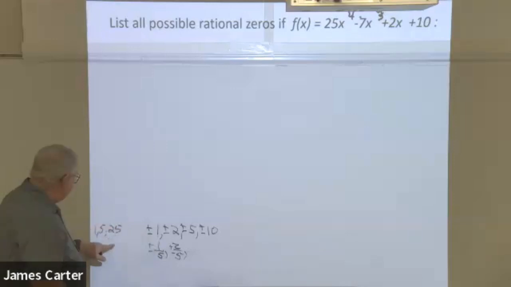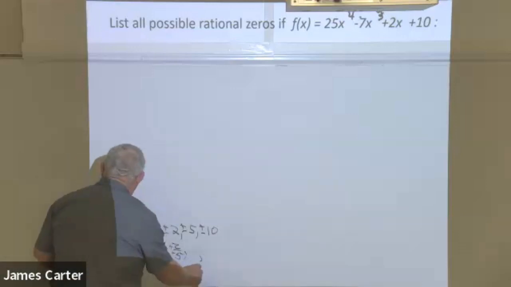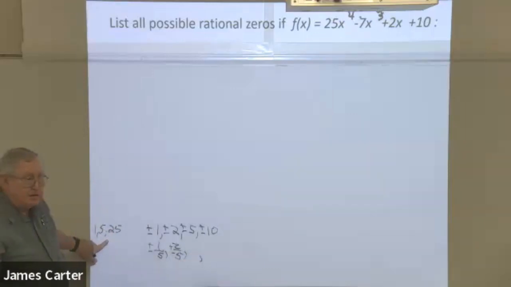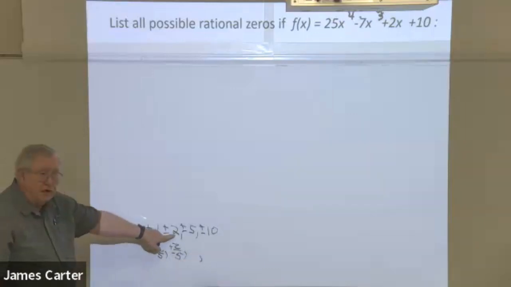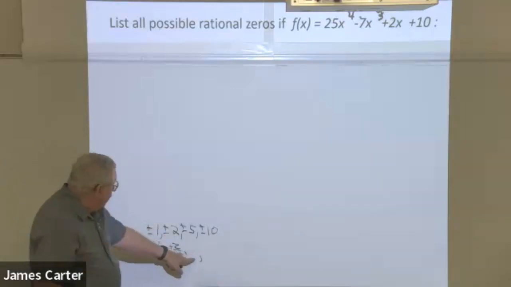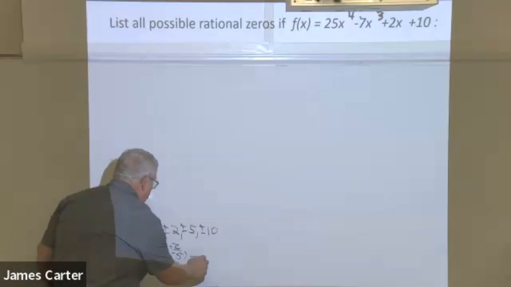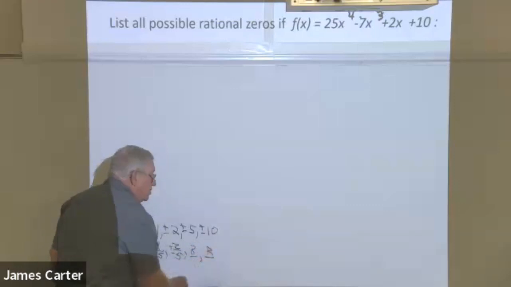Okay, 5/5 becomes 1. So that one reduces. What about 10/5? 10/5 becomes 2, doesn't it? So we don't need these two. I'm going to put an R there for reduce.